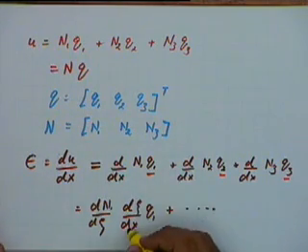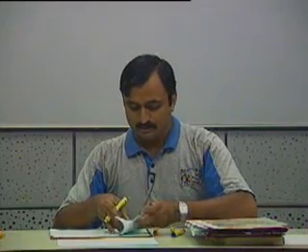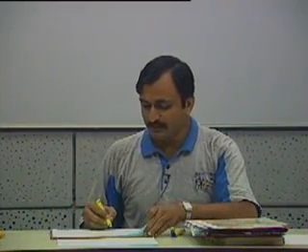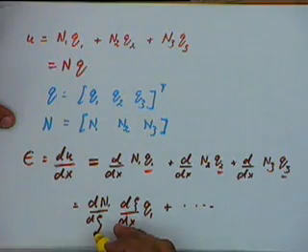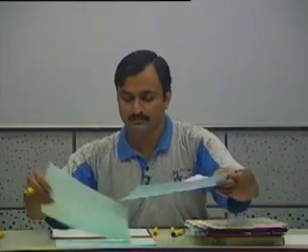Again, the derivative of zeta with respect to x will be there in all the three terms. So what we need is the derivative of N1, N2 and N3 with respect to zeta. That we can get from our definitions of N1, N2 and N3.